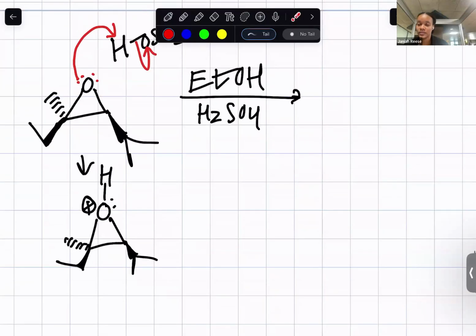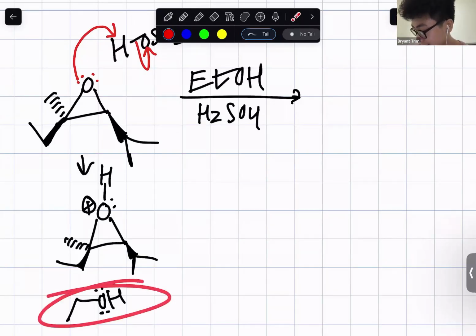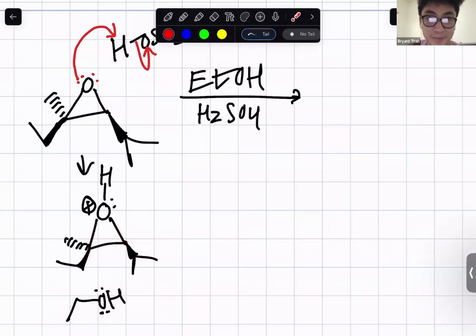So that's why in acidic conditions, let's draw out the ethanol, which looks like this in bond line structure. If we want to get to the more stable carbocation intermediate, where do you think this ethanol is going to attack? A or B? Which one led to the more stable carbocation intermediate? Imagine these bonds are no longer there, and imagine a positive charge here versus a positive charge here.